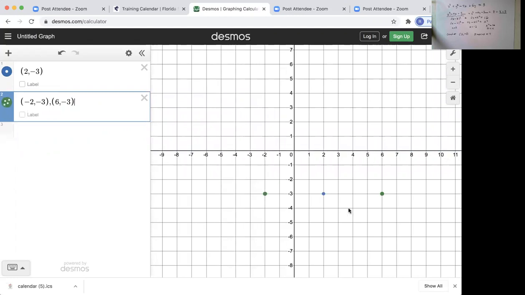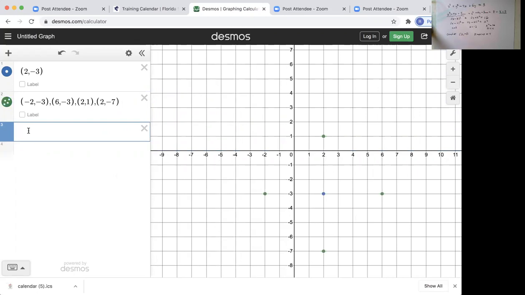That looks good. And you can see in the center, 4 this way, 4 that way. 4 up, 1, 2, 3, 4, gives 2, 1. And 4 down, 1, 2, 3, 4 would give me 2, negative 7. So hopefully when I write in that first equation, it will go through those 4 green points.